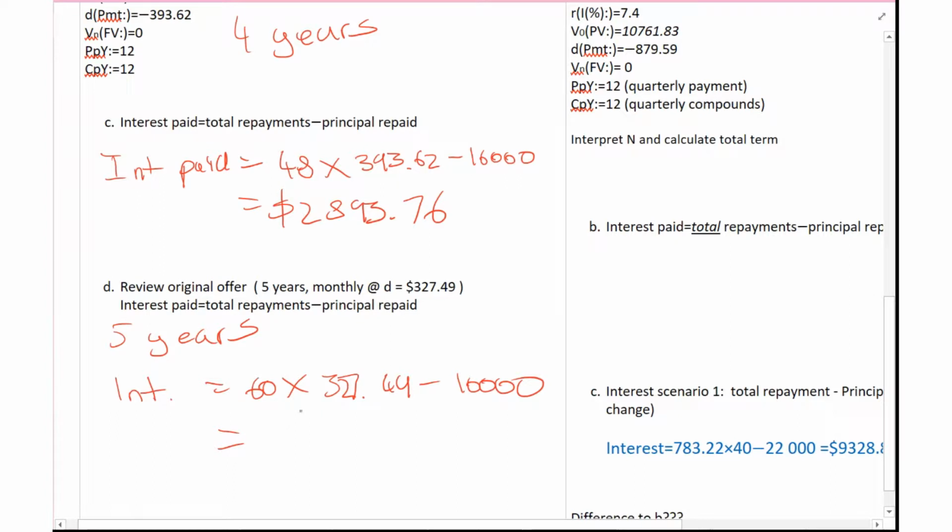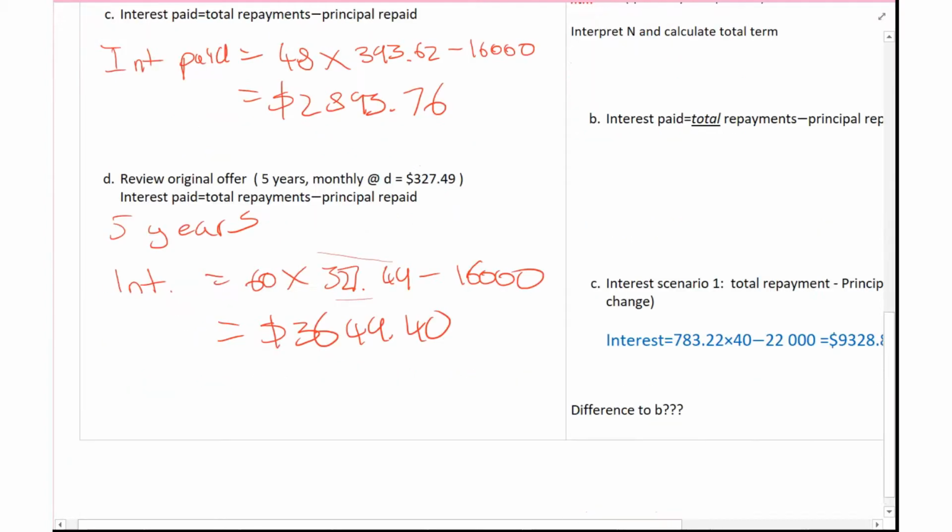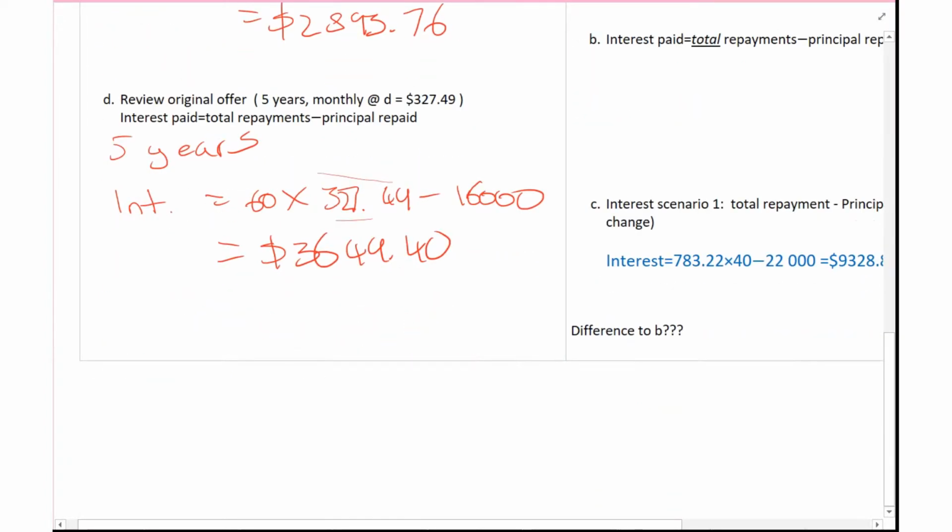That'll give me 3649 and 40 cents. So it's saying this, what I paid minus the 16,000 that I borrowed, means I've had to pay an interest of 3,649 and 40 cents.